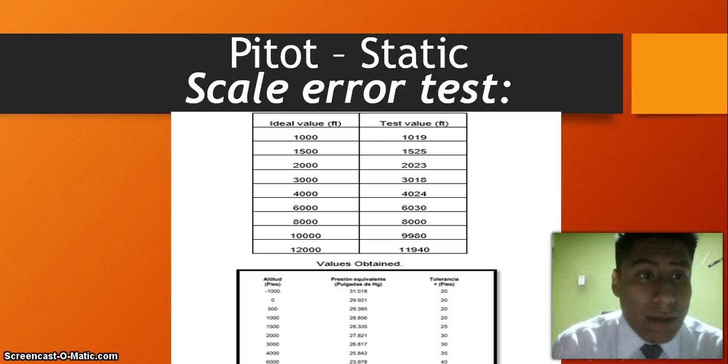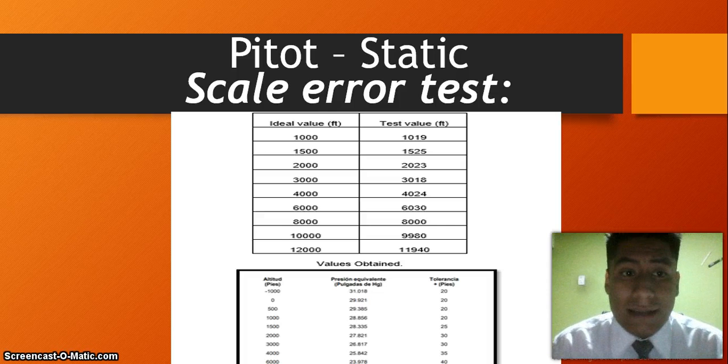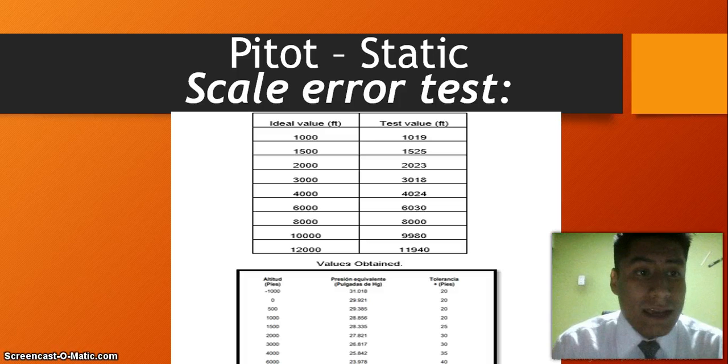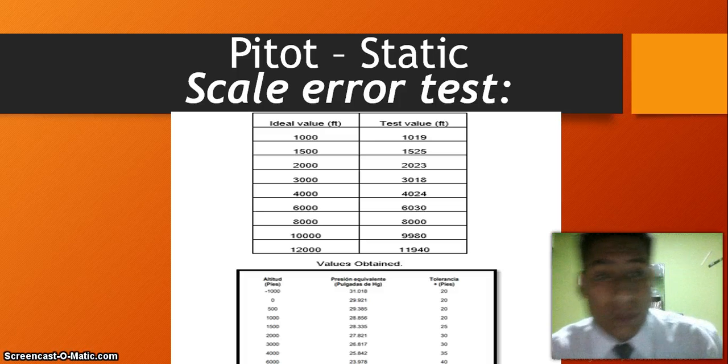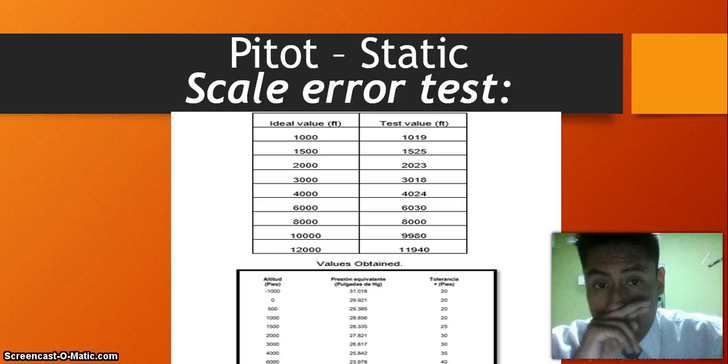Then the instrument was maintained at the corresponding pressure of each test point for at least one minute and no more than 10 minutes before taking the reading. The following values are shown in this table.